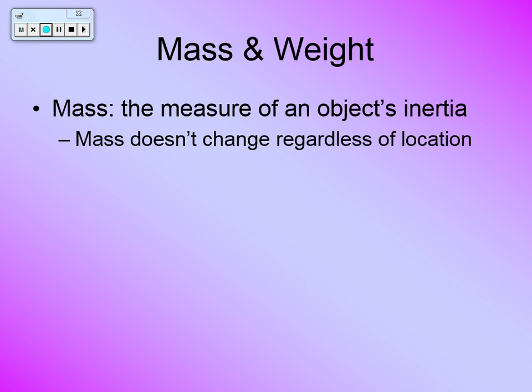So if I throw this ball with a speed of 10 meters per second, do we remember from the last unit how long it would take to get to the top? It would take 1 second because gravity changes the velocity by about 10 for every second here on Earth.